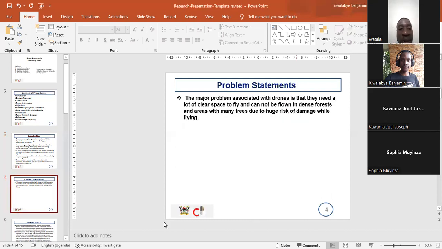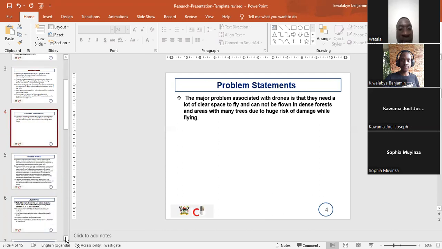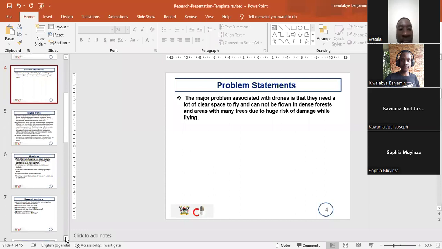Our next slide talks about the problem statement. In brief, the major problem associated with drones is that they need a lot of clear space to fly and cannot be flown in dense forests and areas with many trees due to a huge risk of damage while flying. When you look at the current drones, the major issue is that you cannot fly them in tight places, even indoors.